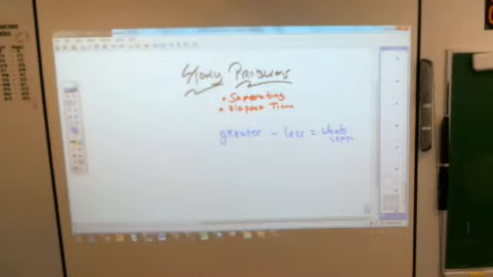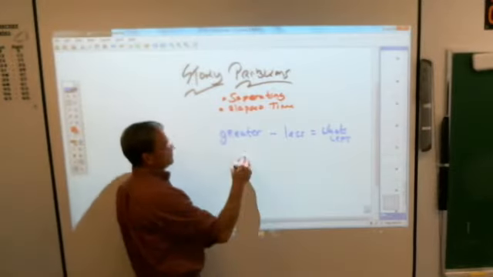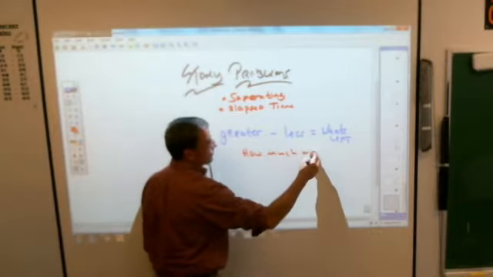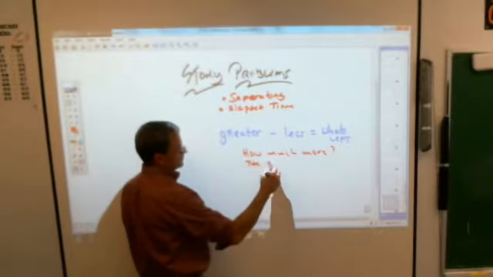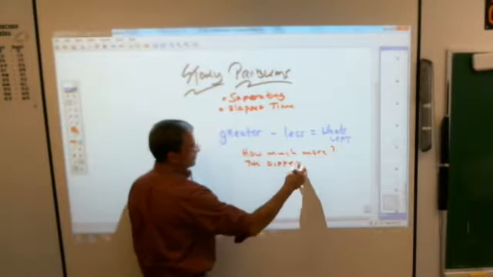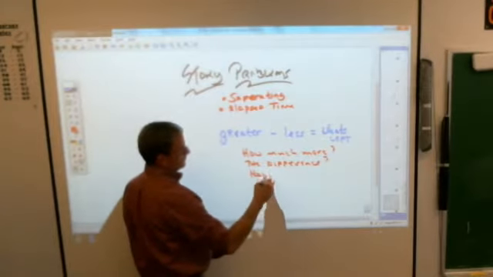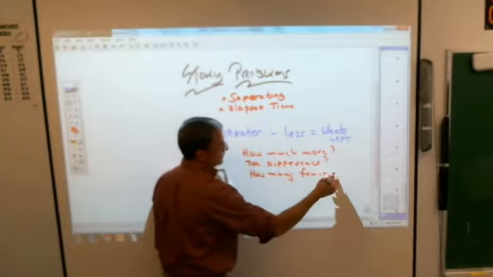Oh, by the way, what words would you look for when you're looking for these type of story problems? You would look for words like how much more, or the difference between, or how many fewer, or how much bigger.